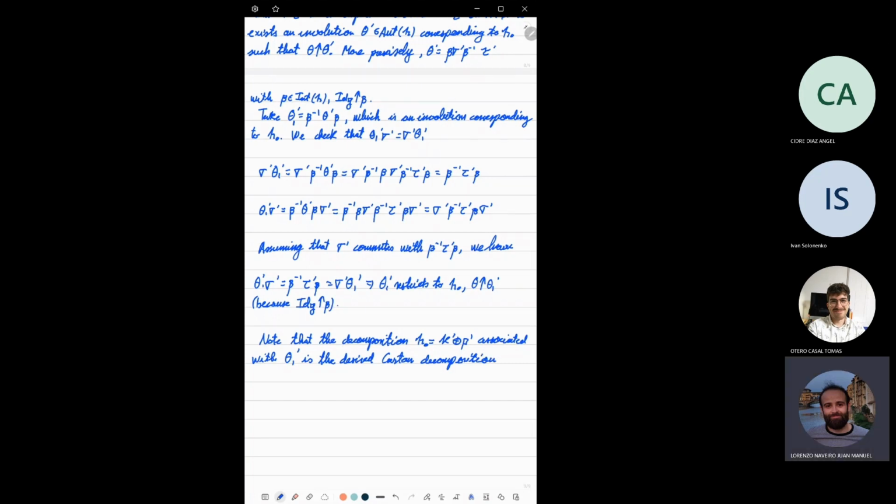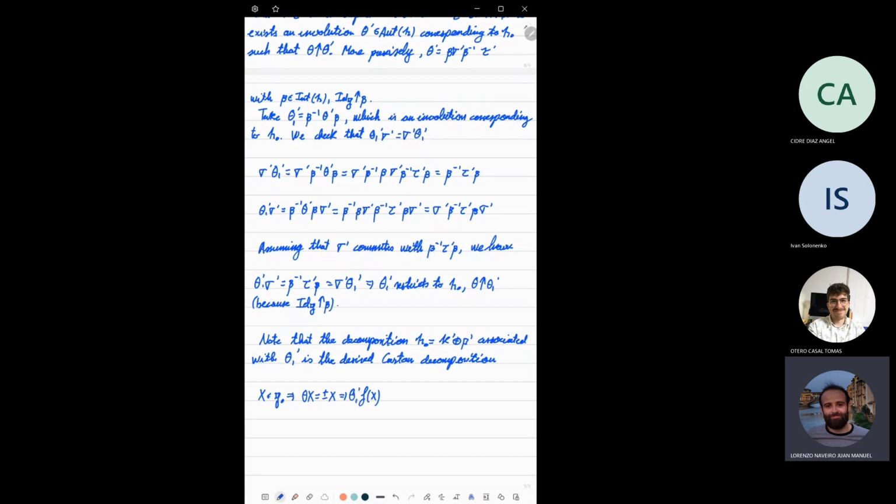So why? Because suppose that we have an element x in G0, then if x is in K or if x is in P, this means in each case that theta of x is equal to plus or minus x. Okay, so now take f of x. If f of x is in K, then this means that theta 1 prime of f of x is f of x. And if f of x is in P, then the same holds, but with a minus sign.